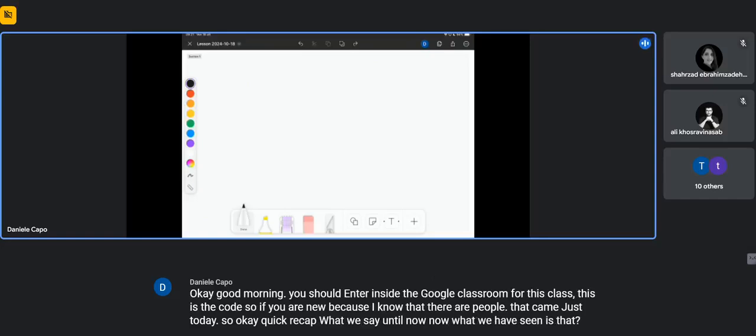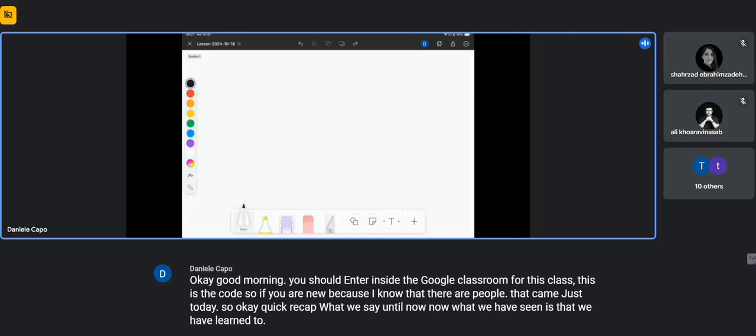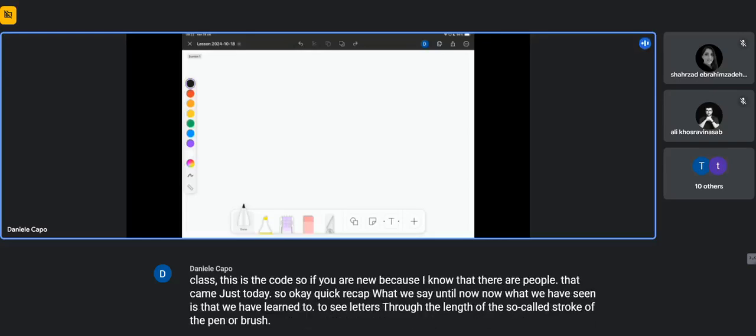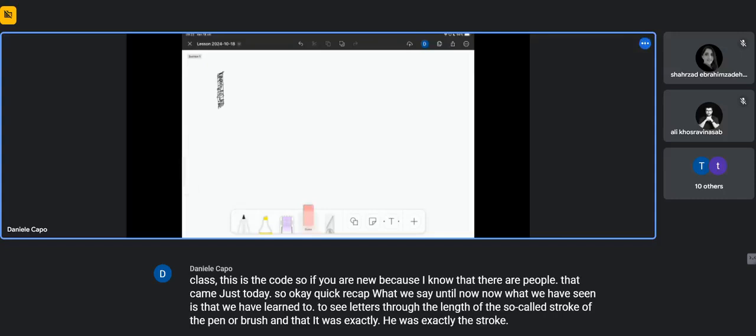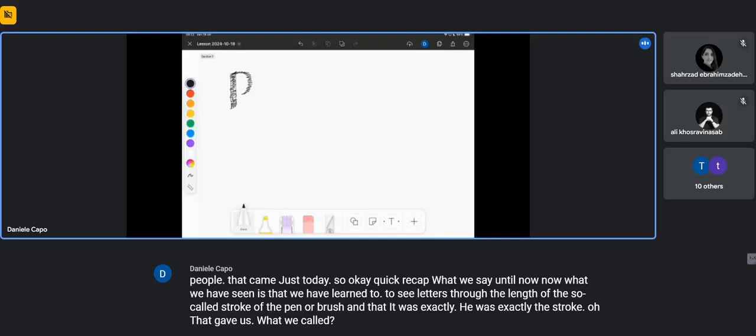What we have seen is that we have learned to see letters through the lens of the so-called stroke of the pen or brush, and that it was exactly the stroke that gave us what we called the contrast.